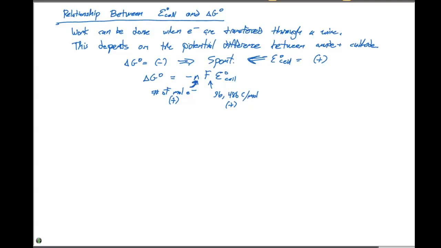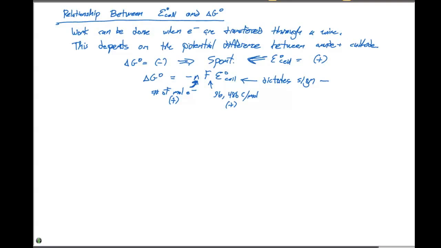I will note, and I have this later in the notes, that sometimes the Faraday constant will also be written as 96,500 coulombs per mole. If both of these are positive, the thing that dictates the sign is going to be the standard cell potential.